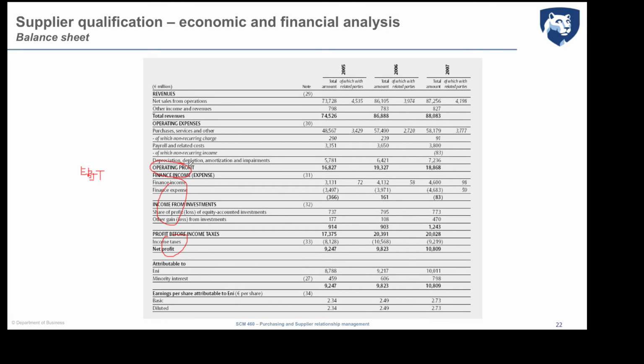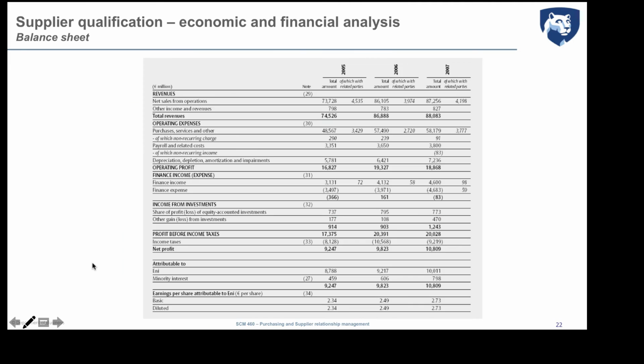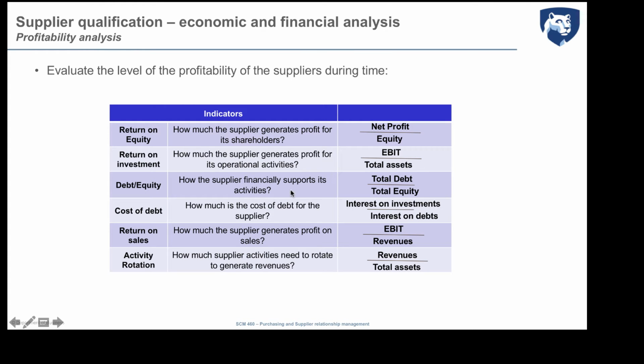Okay, you take the operating profit, you take the total assets, so it means the sum of this, and this, and you calculate the return on investment, which measures how much the supplier is able to generate profitability, EBIT, using total assets of the company.